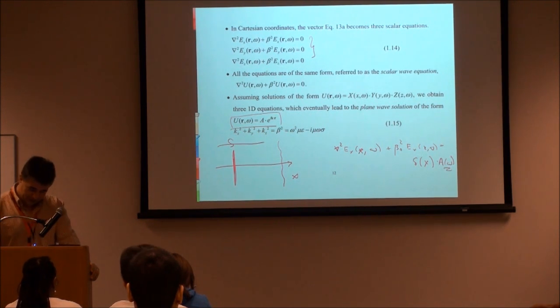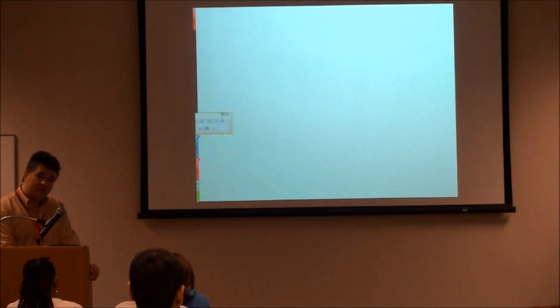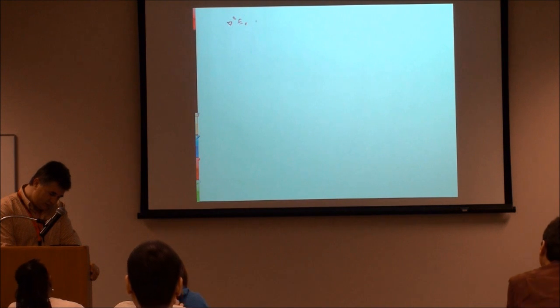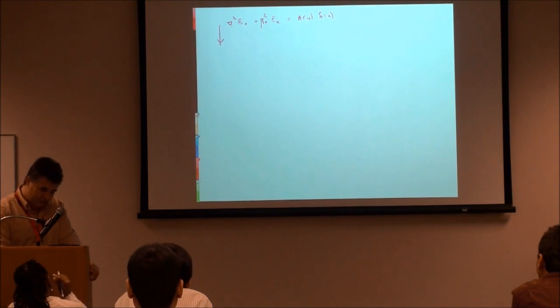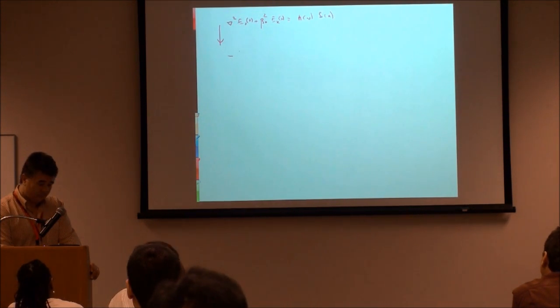Fourier, thank you. That makes me so happy. So, okay. We take the Fourier transform of the Laplacian. Let me write this down again: the second derivative of Ex plus beta naught squared Ex equals a certain spectrum, A of omega, delta of X. Boom. Take the Fourier transform with respect to space, right? So this is a function of X. That gives me minus K squared.